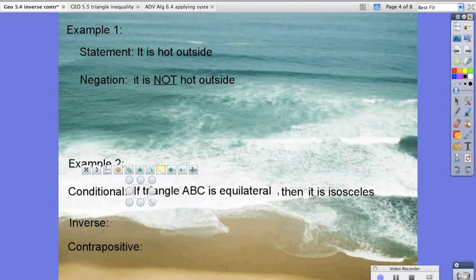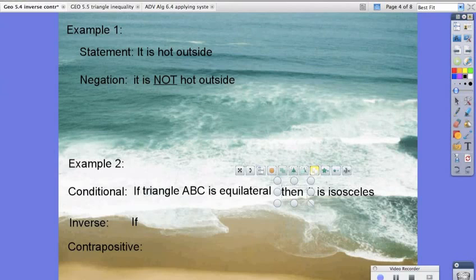The if and then statements don't change. They'll continue to be in the same exact spots. So we're going to bring down the if and then, as well as the comma. Now, it says triangle ABC is equilateral.